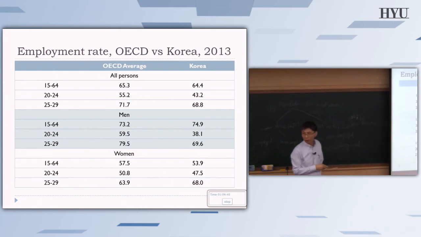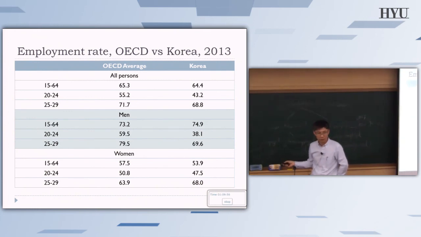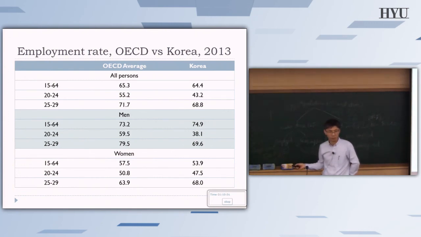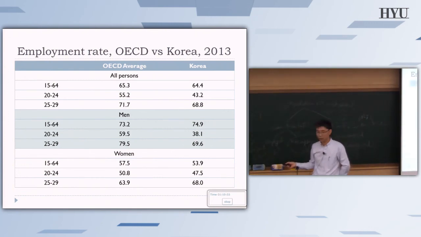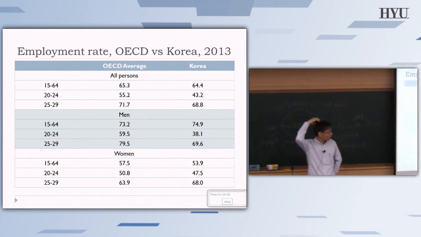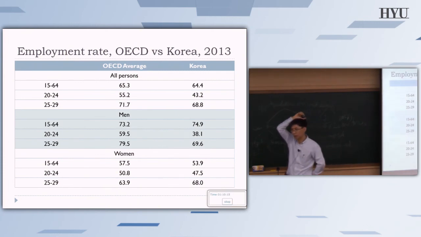So Korea's employment rate for men is actually higher, except for younger group. Okay? So 20 to 24, OECD 60, Korea is 38. And 80, 70, about 10 percentage point difference. Okay? So a lot of it is explained by the going to school. So higher percentage of Korean young men actually go to universities compared to other countries.